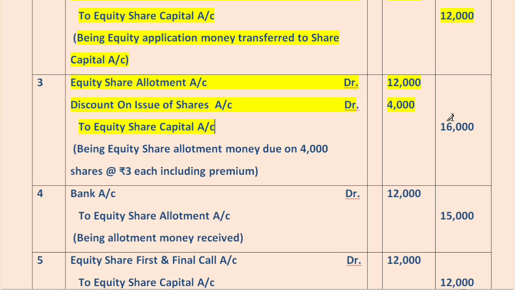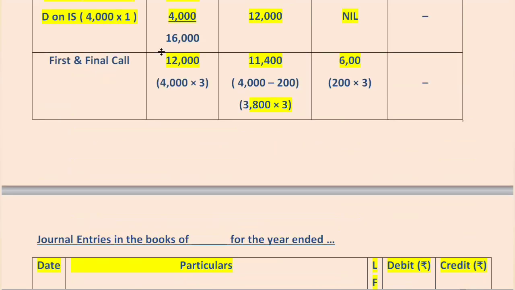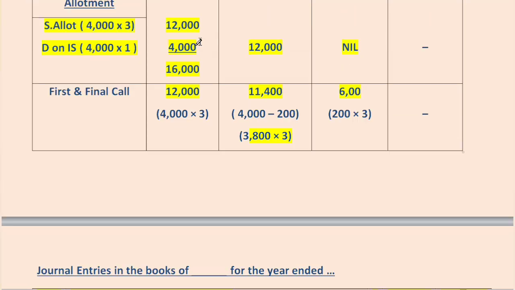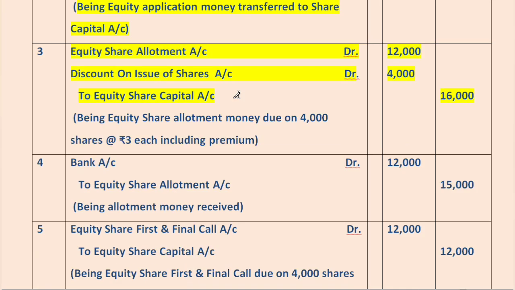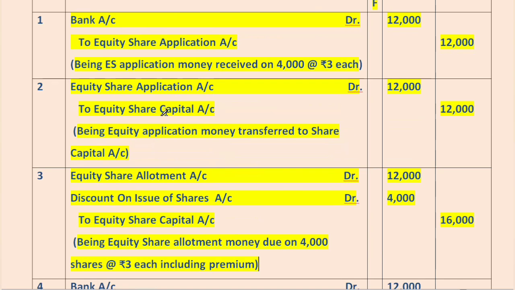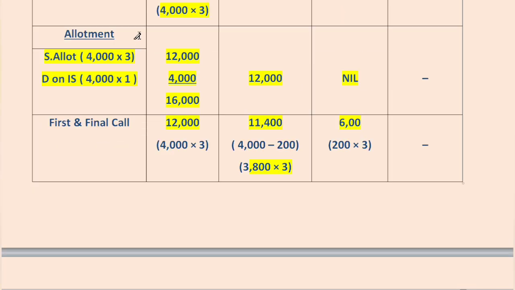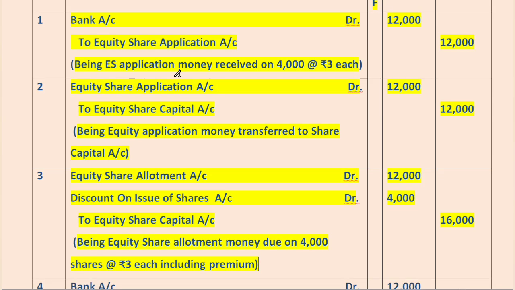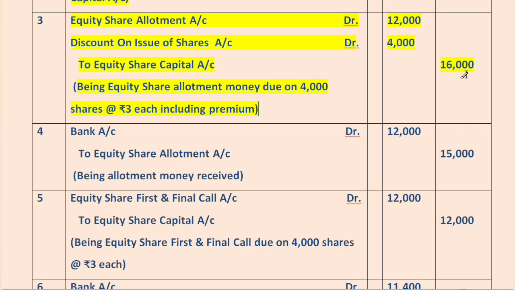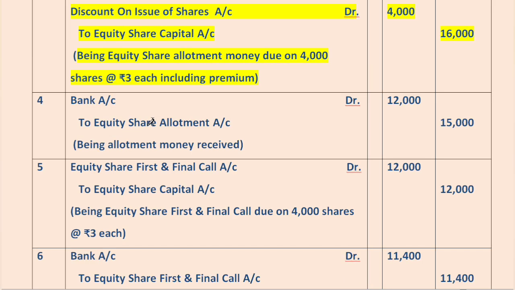How much is due? 16,000, the entire 16,000 is due now. Being equity share allotment money due on 4,000 shares at rupees 4 per share. See, 3 plus 1 is 4. So totally 16,000 due.